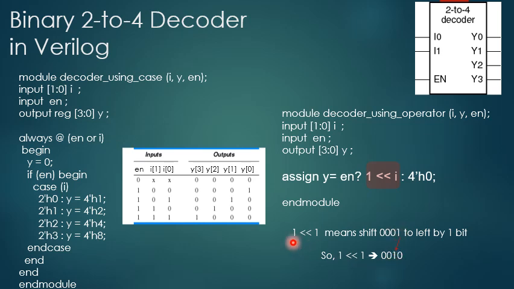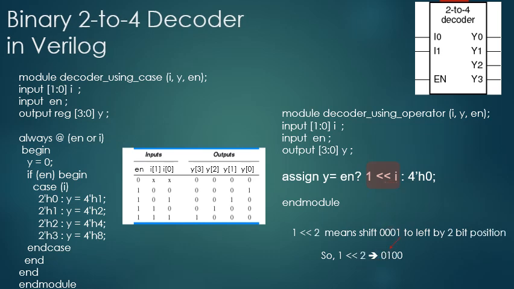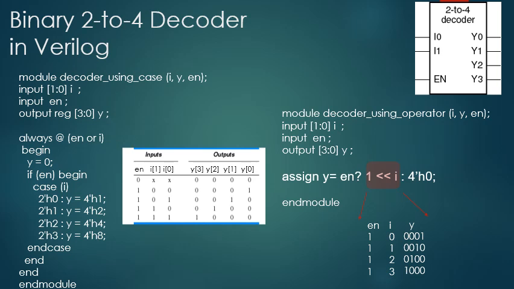Okay, so that is the resulting bit pattern after the shift left or left shift operation. Okay, so when you have this shift operation written with the variable, that means it depends on the variable I how the shifted pattern will be generated. So if I equal to 2, then the bit 1 will be shifted to the left for 2 positions as shown here. So if I equal to 3, then it will be shifted 3 bits.